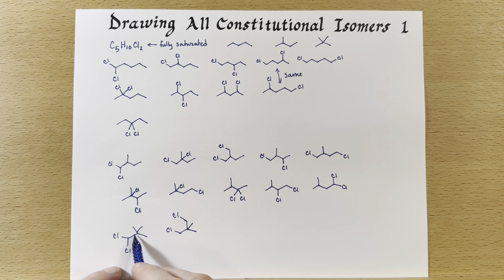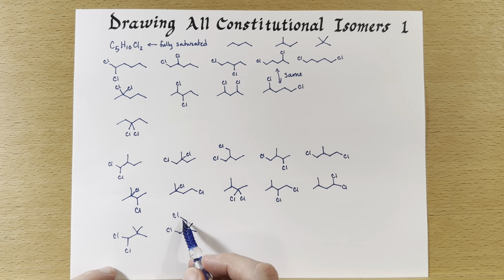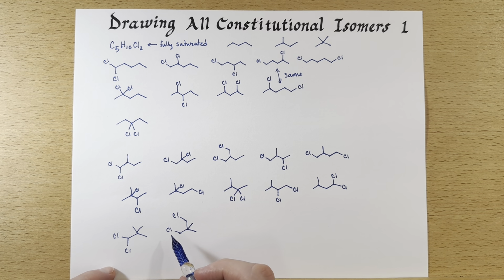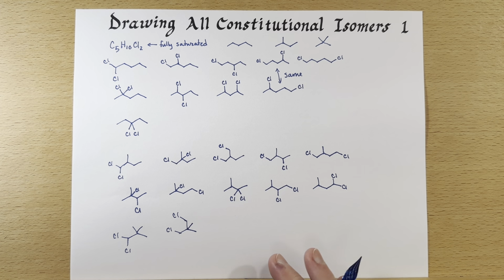There's no room on that central carbon for anything else because it already has 4 bonds. And all of these carbons are identical, so it really doesn't matter which ones we put it on. Any other structure that we draw would be the same. So that's how to draw all of the constitutional isomers for C5H10Cl2. It's best to go through with a systematic approach.